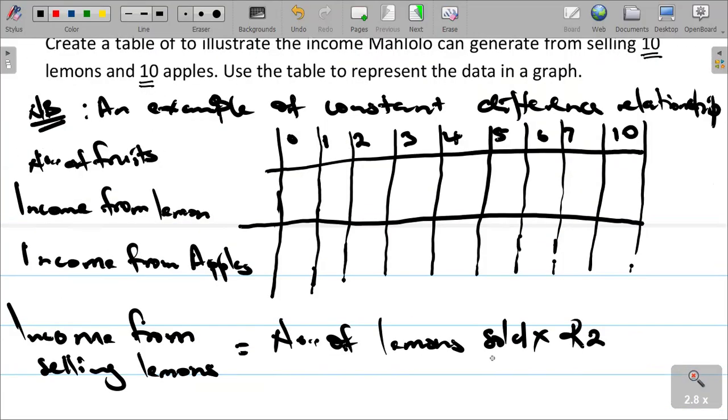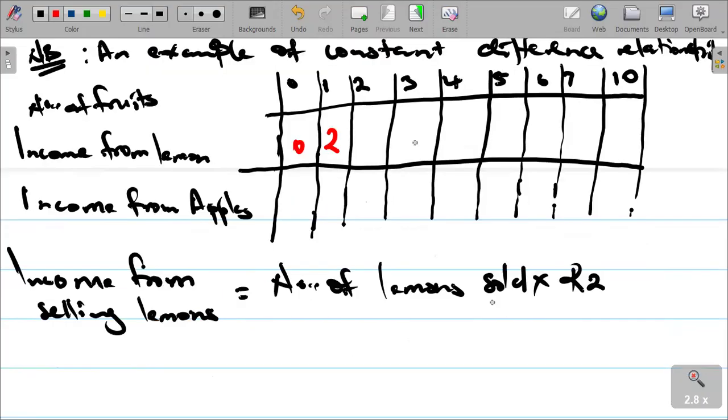Multiplied by the cost. So in terms of the lemons, if 0 is sold, we have 0 income. If 1 is sold, 1 multiplied by 2, we get 2. Let me just explain this so that some of you do not get lost.